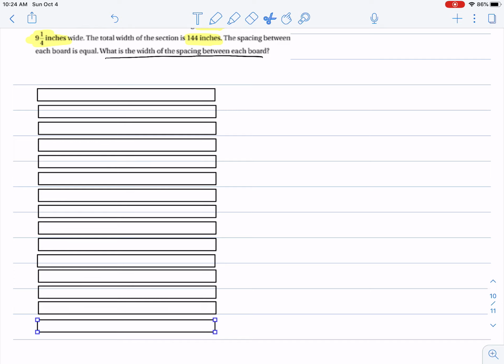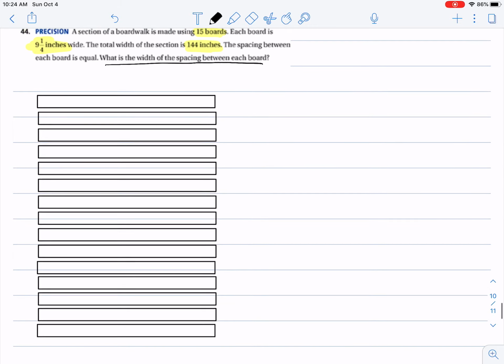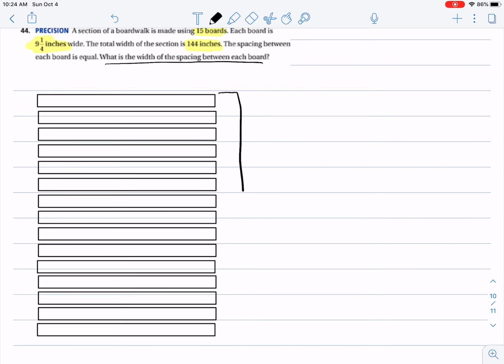So what they're saying is the entire boardwalk, the whole thing, is 144 inches. Just one of them is 9 1/4 inches. And they want to know how much space is in between the boards.